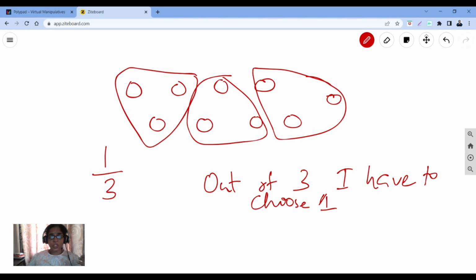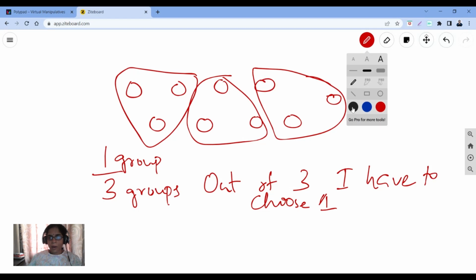Did I get three? Yes. But it's not just three absolute balls or three circles. Rather, now it became three groups, and in those three groups I am going to select one group. Now it is no more about the single balls, it became a group.